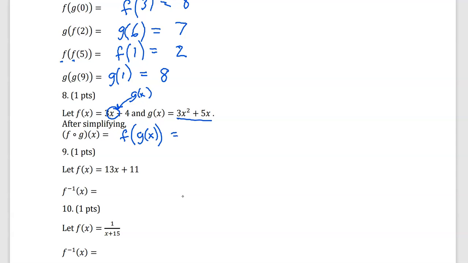So I take 3 times g of x: 3x squared plus 5x, and then add 4 to it. And now just multiply it out. That becomes 9x squared plus 15x plus 4. That's my answer.